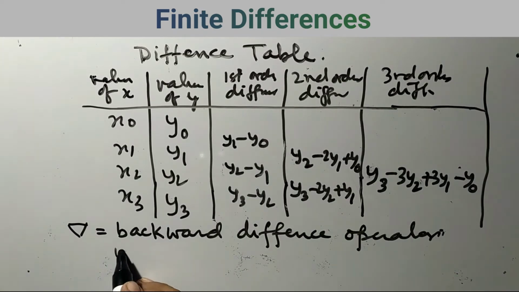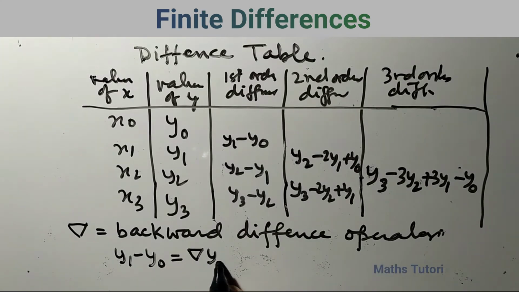Here y1 minus y0 is back of y1, so it is written as del y1. Capital Del is a backward difference operator. y1 minus y0 is back of y1, that means del y1.